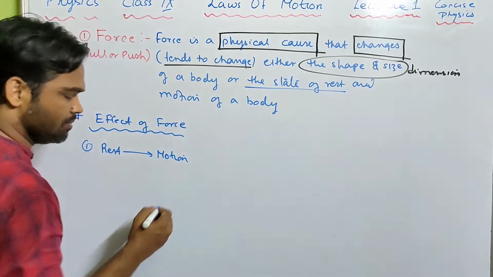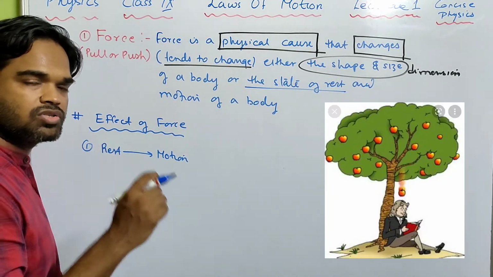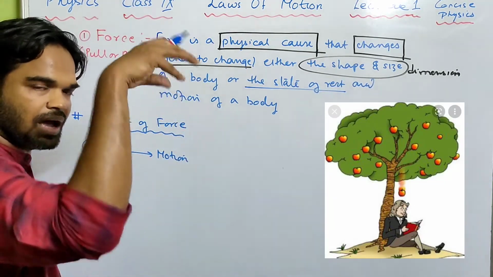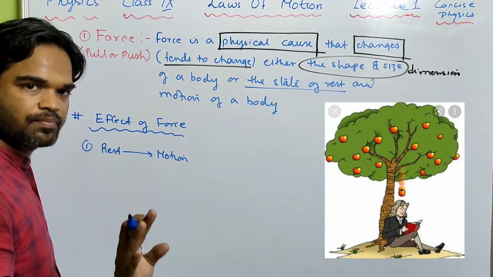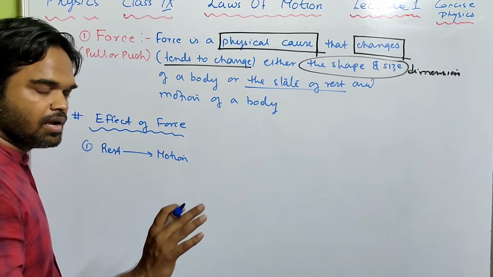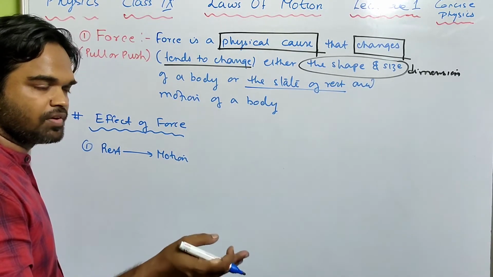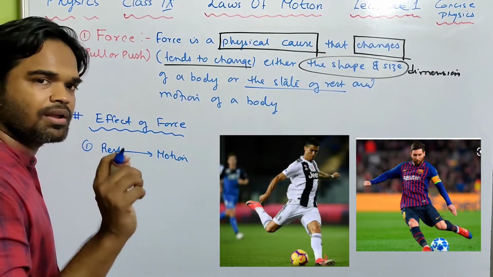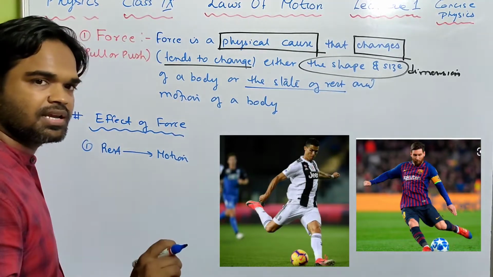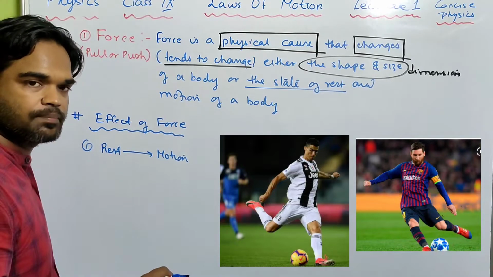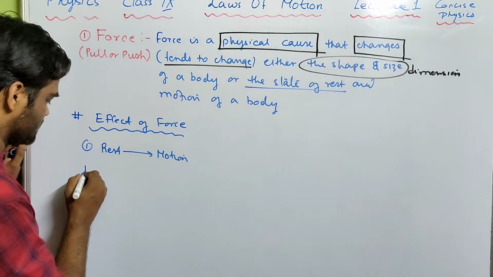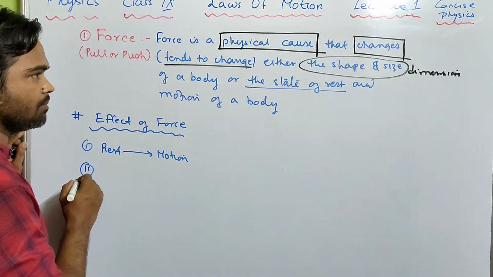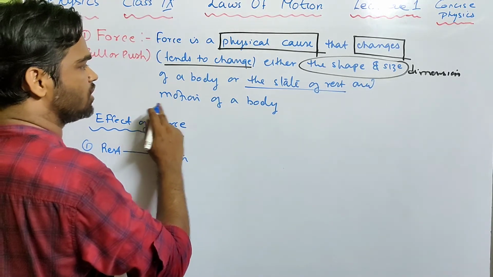For example, due to Earth's gravity or Earth's pull, the apple falls down, isn't it? If you're playing football, if the football is at rest, you can set the football in motion by merely kicking it, by applying force, isn't it? First effect. Second, it can change the state of motion of a body.